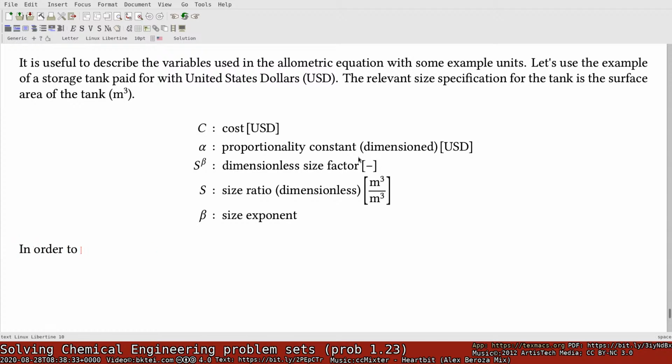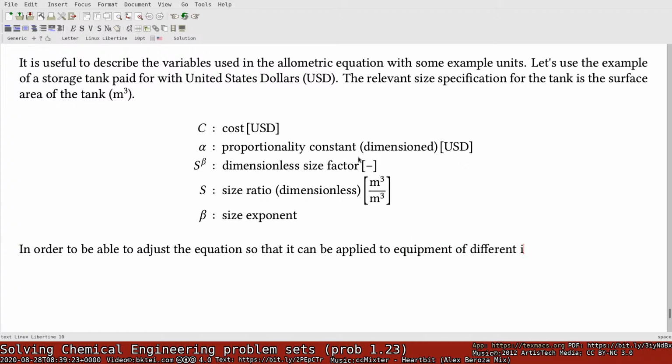So in order to make the equation useful, or in order to be able to plug in example equipment, or to adjust the equation so that it can be applied to units of equipment of different sizes.